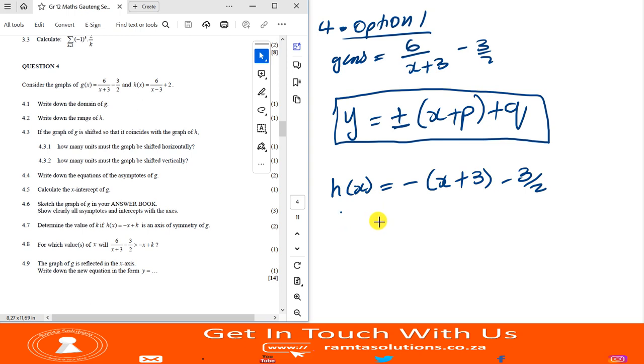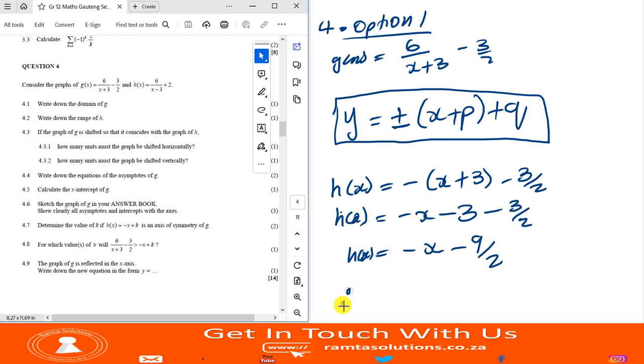This therefore means negative x, this is negative x minus 3 minus 3 over 2. Therefore, we can say h of x is negative x minus 9 over 2, isn't it? Minus 9 over 2, right? So, therefore, this means k is equal to negative 9 over 2.